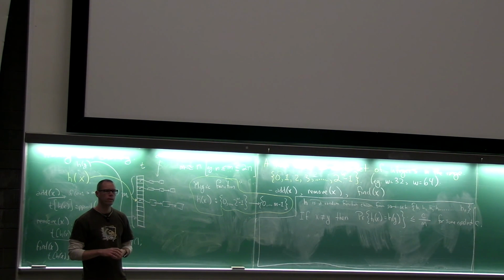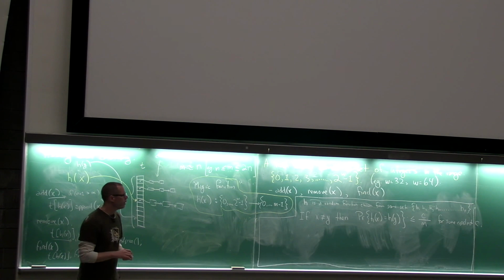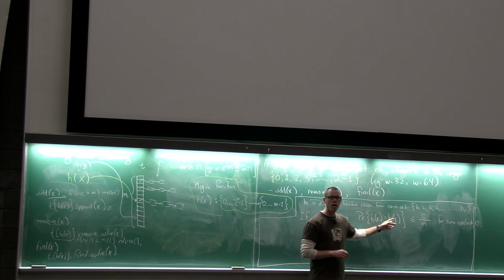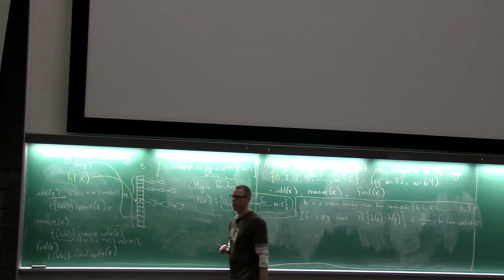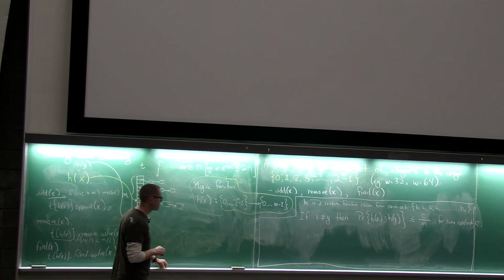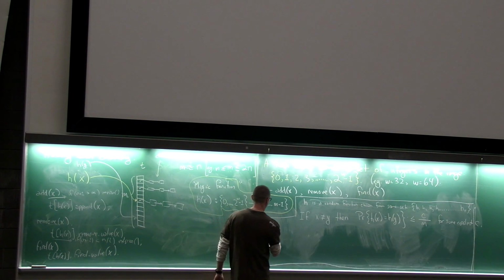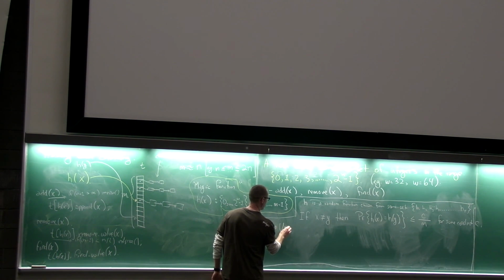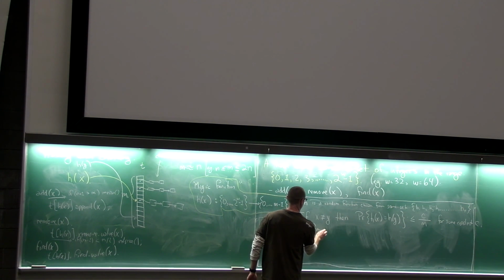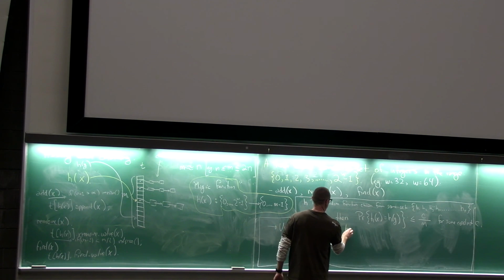Is that clear? And of course, if x equals y, then h of x had better equal h of y. But that's just what it needs to be a function. And if it has this property, then it's called a universal family of hash functions.